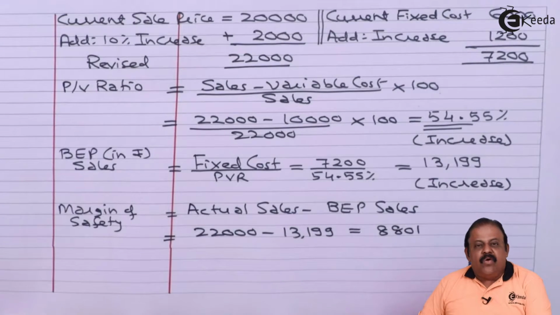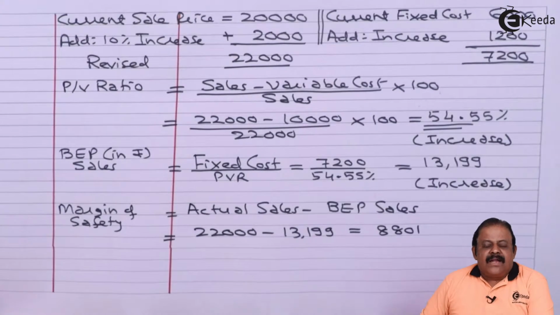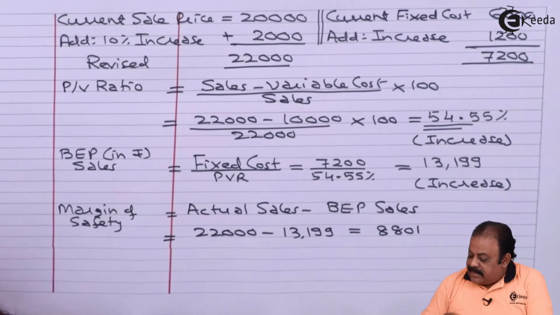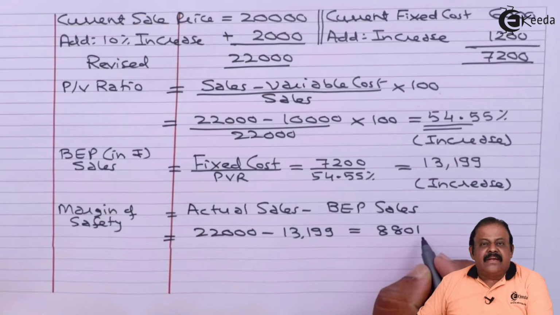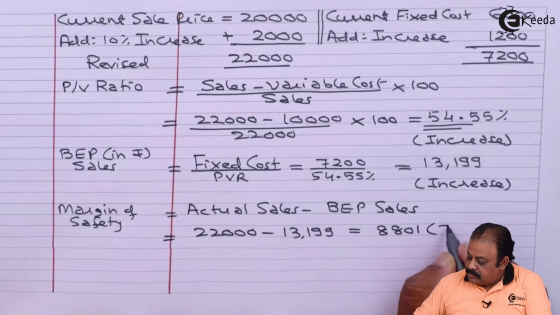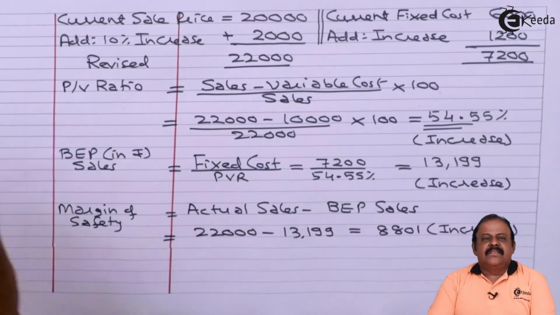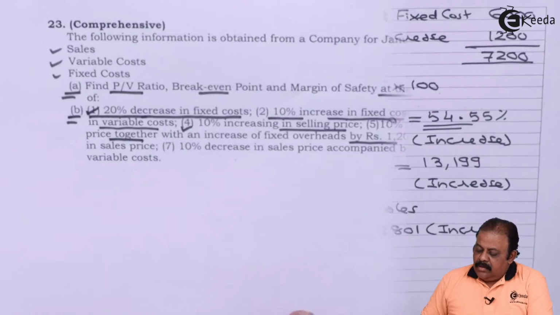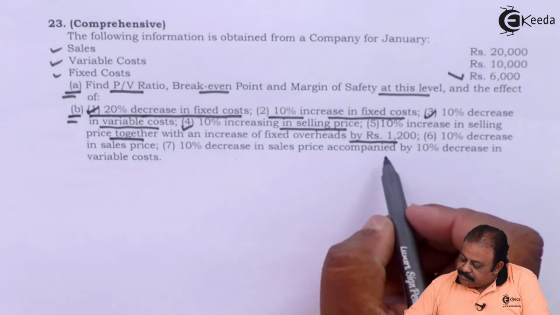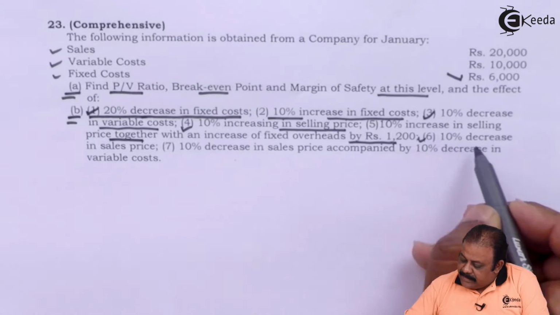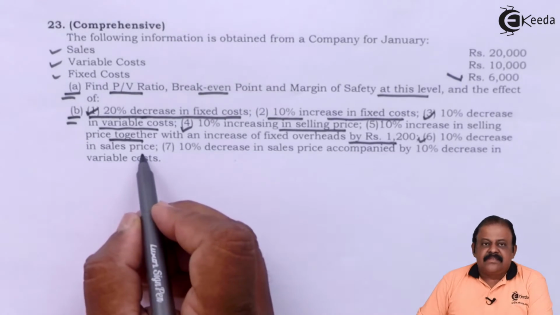Margin of safety, originally it is 8,000, now it is 8,801. So there is increase in margin of safety. Next sub question, 10% decrease in sale price.